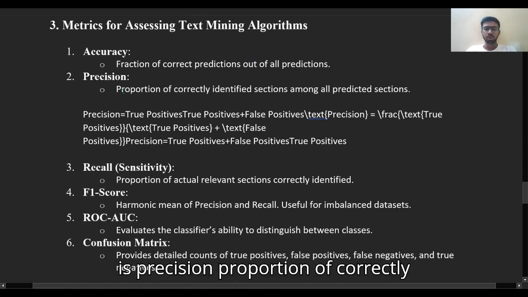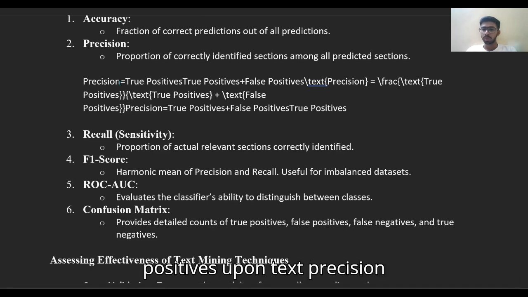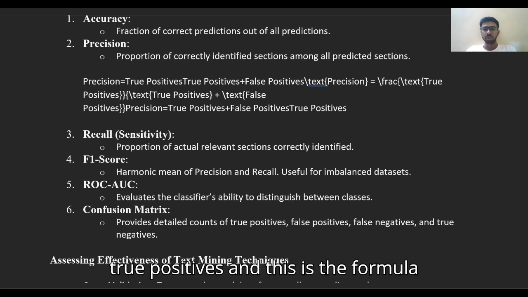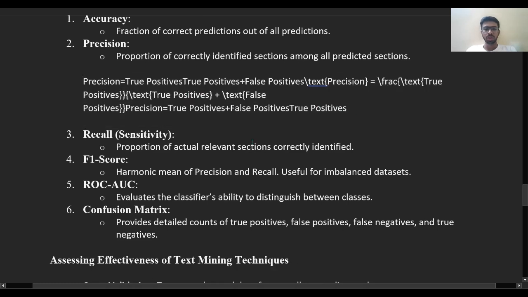Second is precision: the proportion of correctly identified sections among all the predicted sections. Precision is equal to true positives divided by true positives plus false positives, and this is the formula which we use for precision.